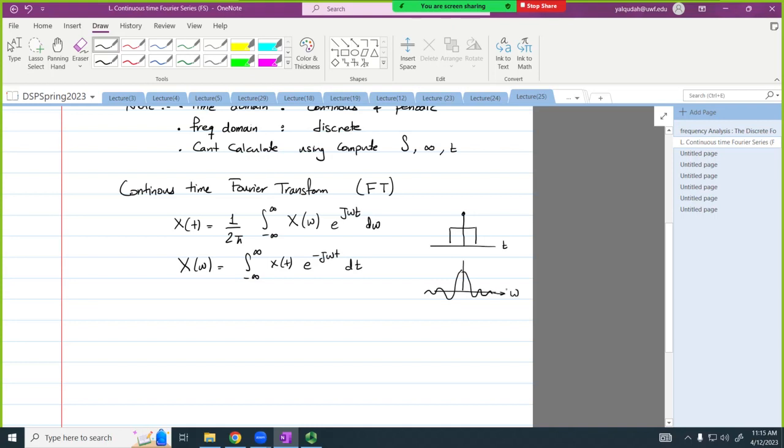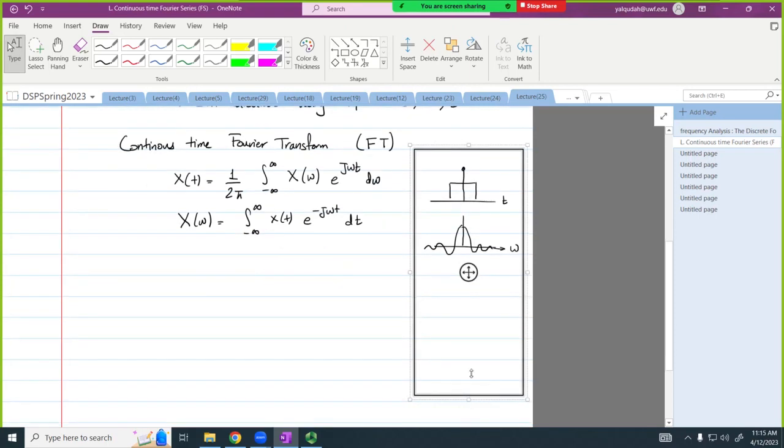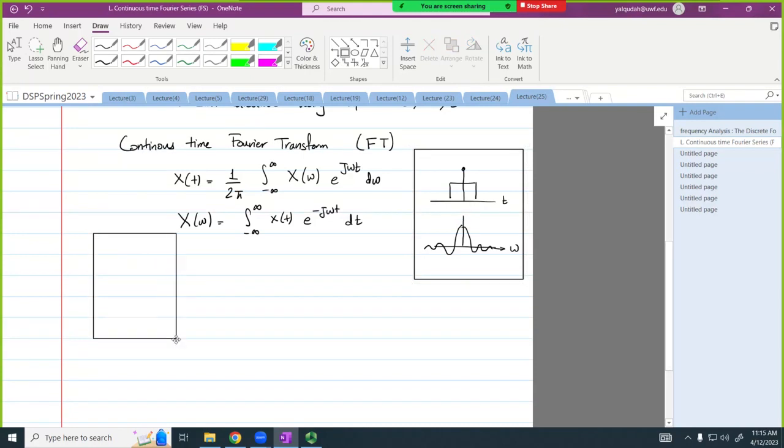Another example. If I have a sinusoidal signal in the time domain, what is the spectrum of the sinusoidal signal in the frequency domain?